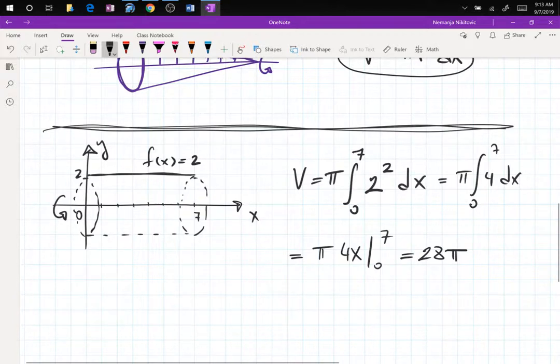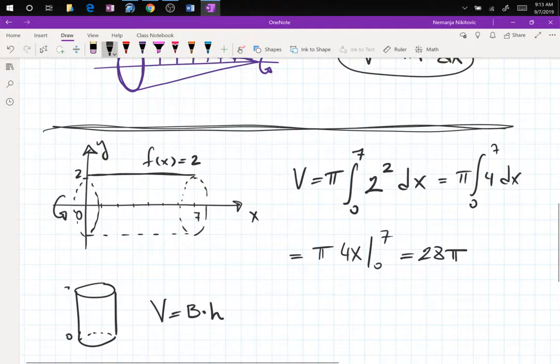Now, the reason why I went with this joke of an example is because we can calculate the same volume without calculus. We know the formula for a cylinder from middle school or whatever. You learn that the volume is area of the base times the height. If you stand this object up, h is equal to 7.